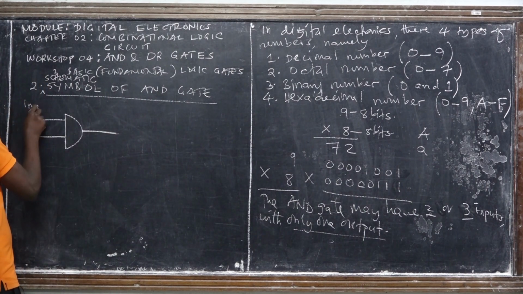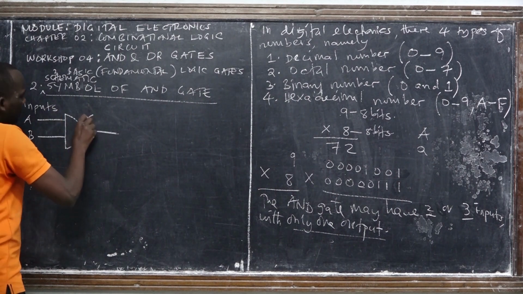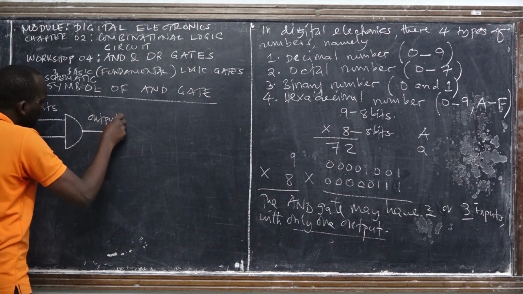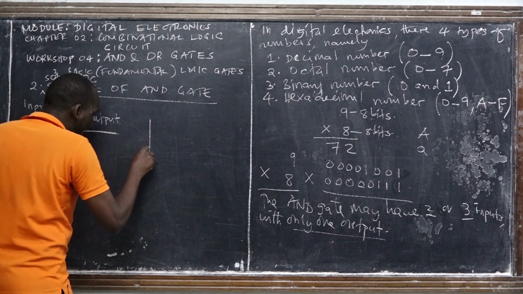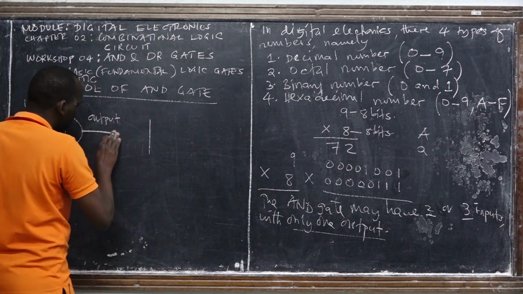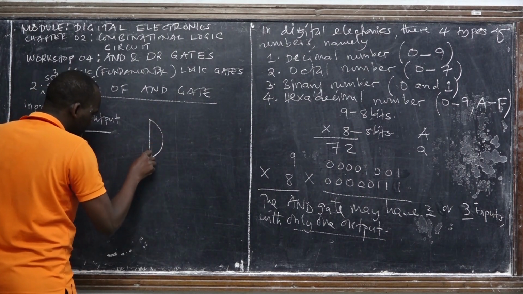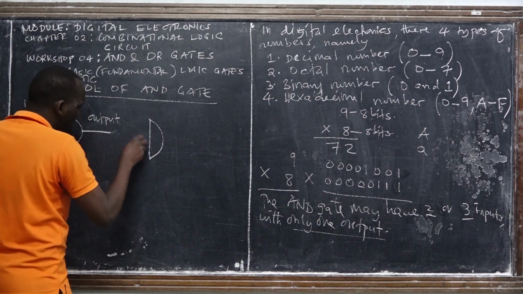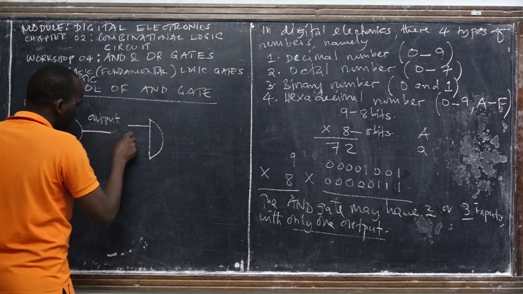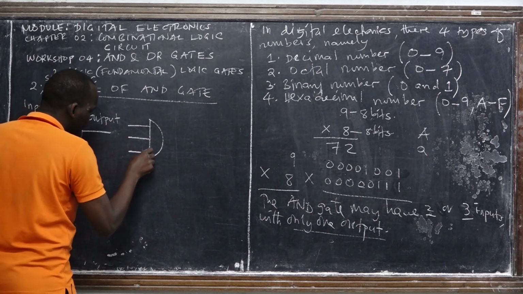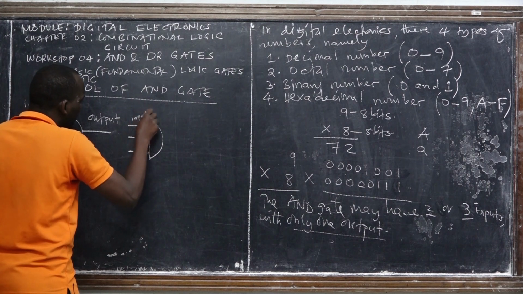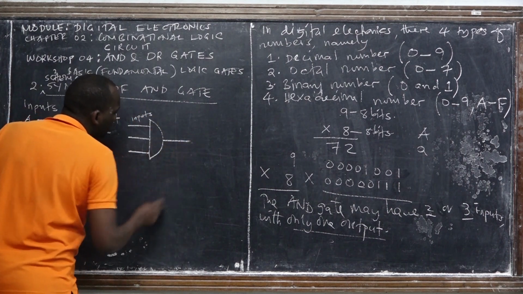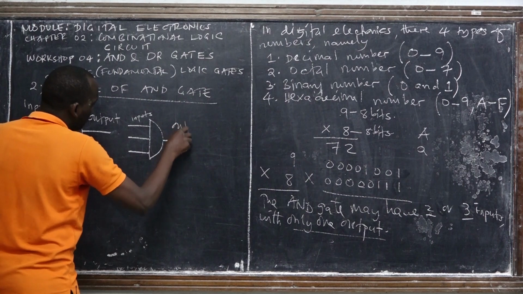So these are the inputs. We call them input A, input B, and this is the output for the 2 inputs. If you have an AND gate with 3 inputs, then we are going to have input 1, input 2, input 3, and this is the output.